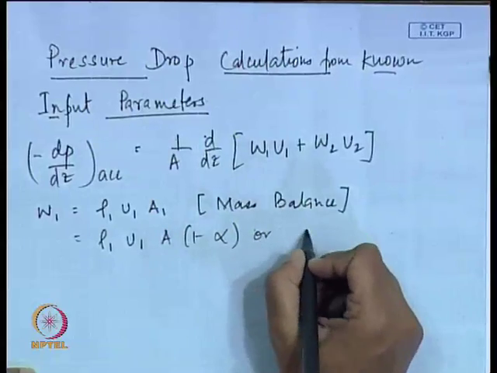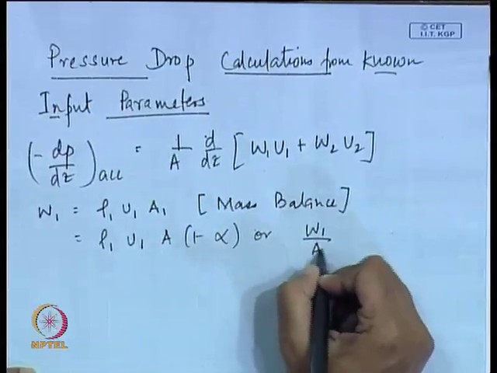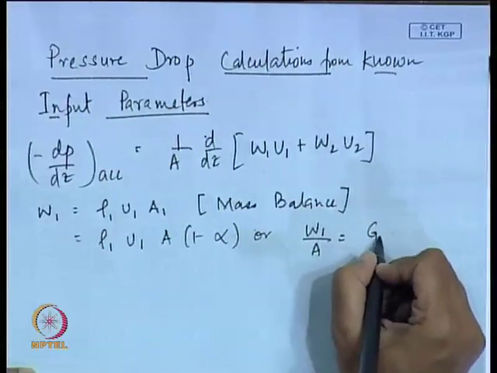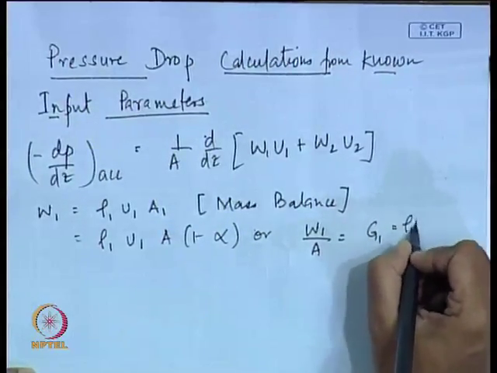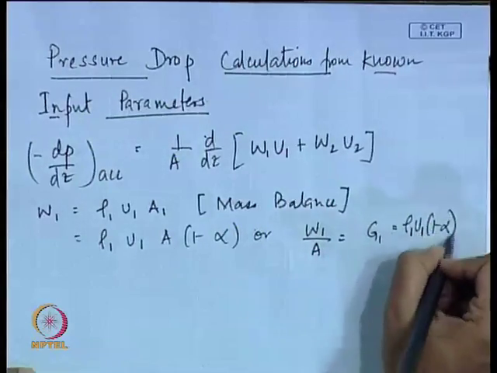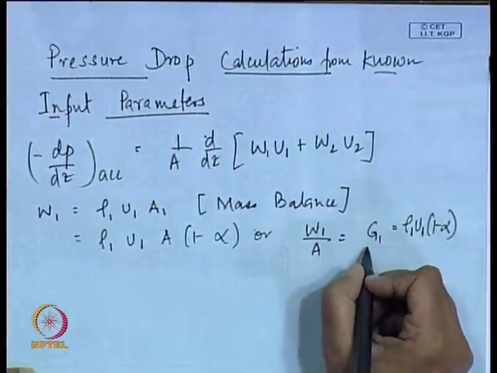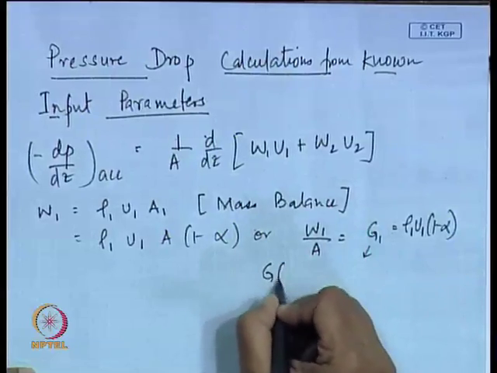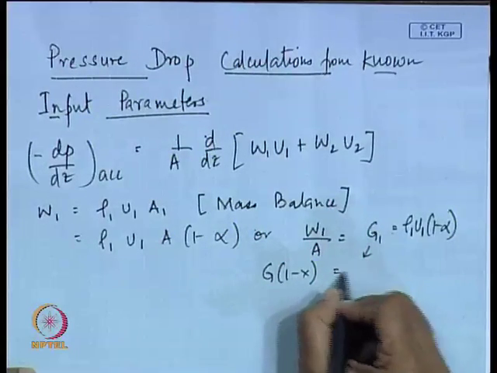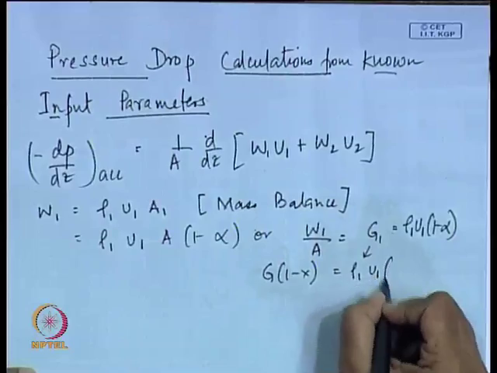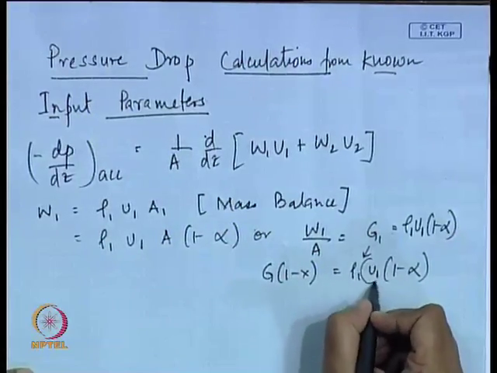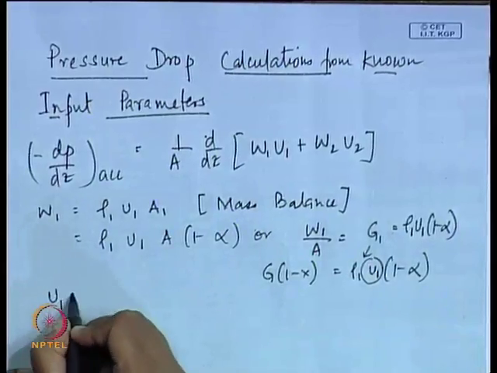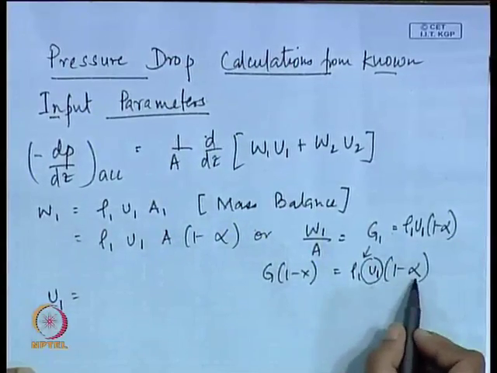Or we can find W1 by A, this is equal to G1, and this is equal to rho 1 u1 into 1 minus alpha. This G1 is nothing but G into 1 minus x, which is equal to rho 1 u1 into 1 minus alpha. So, from here we can find u1 in terms of measurable properties or in terms of alpha.